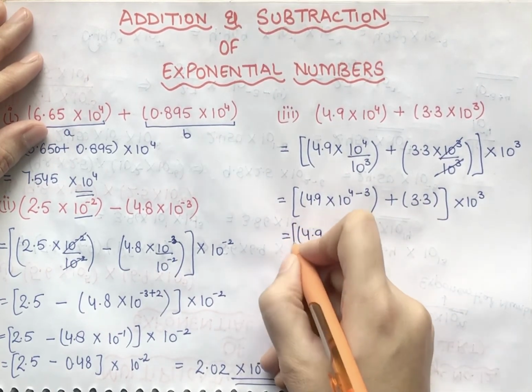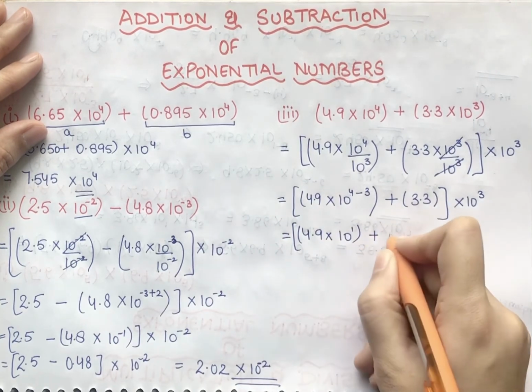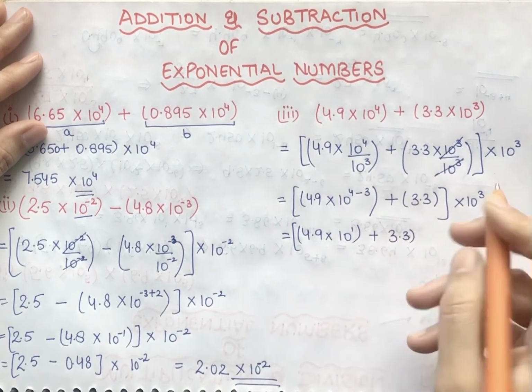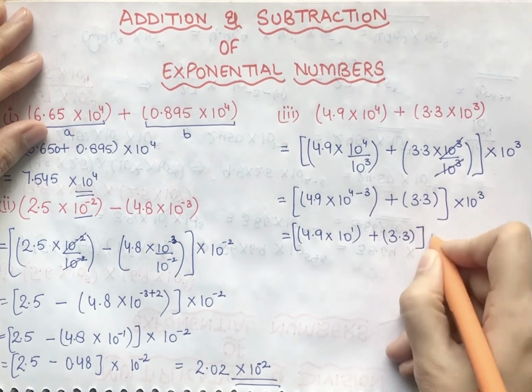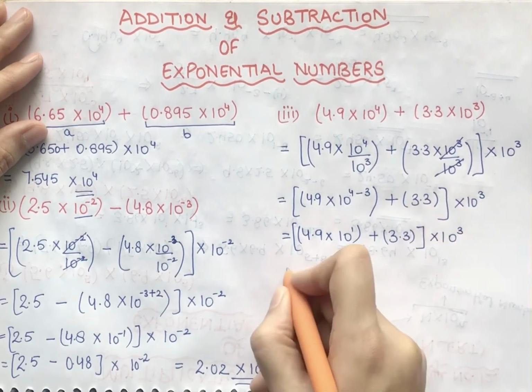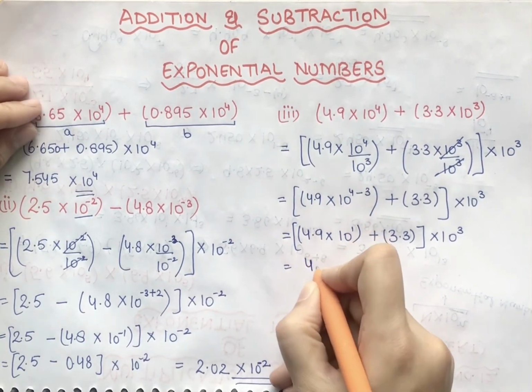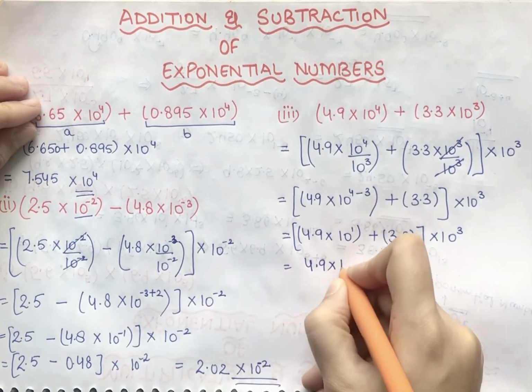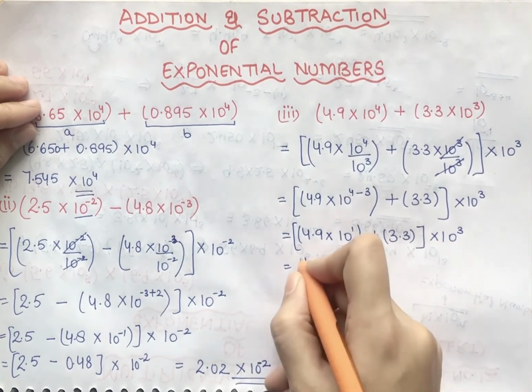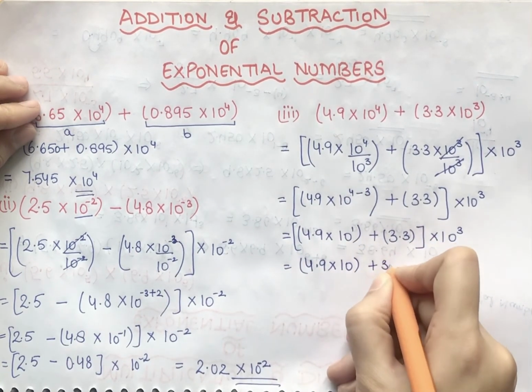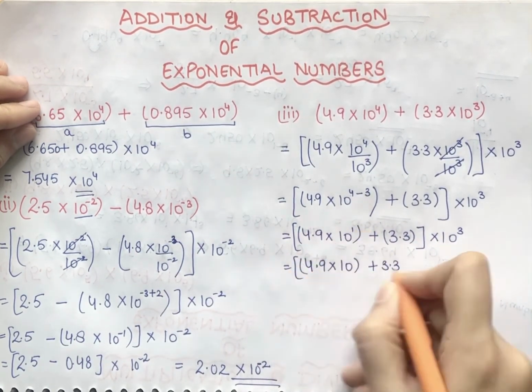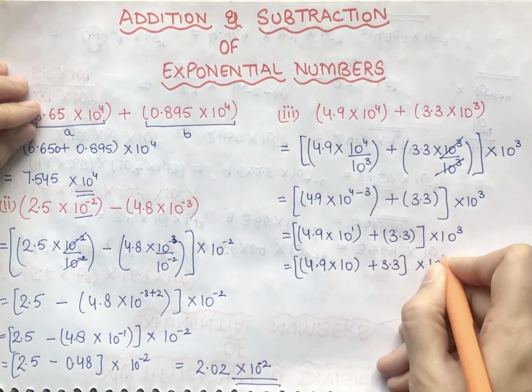This is my one term, and the next term is 3.3, right, into 10 raised to power 3. Now 10 raised to power 1 means 10, so 4.9 into 10, okay, plus 3.3 into 10 raised to power 3.